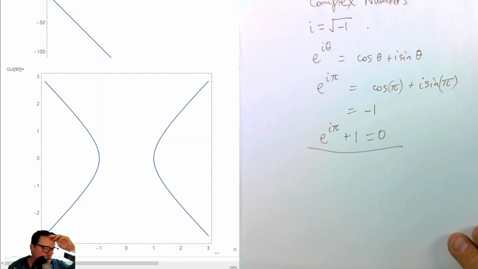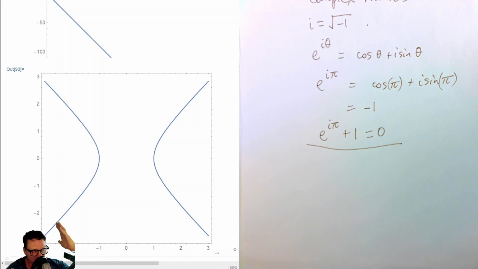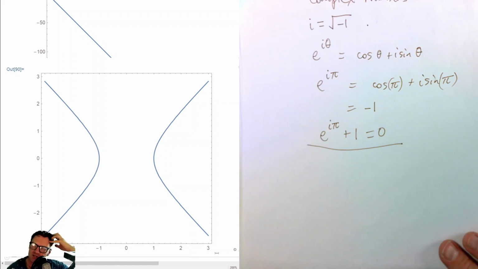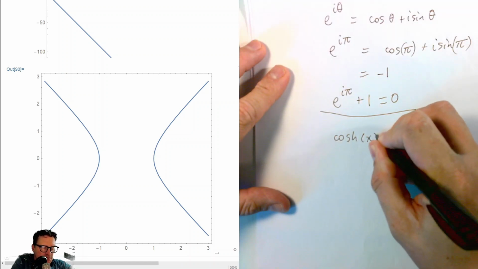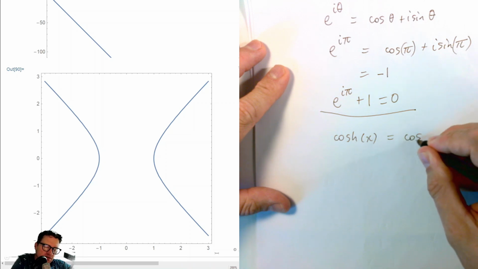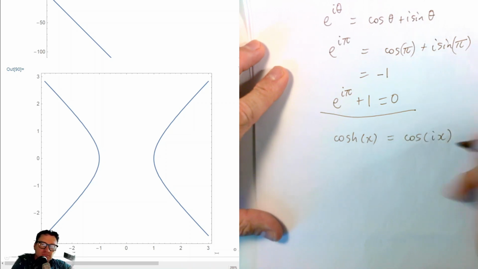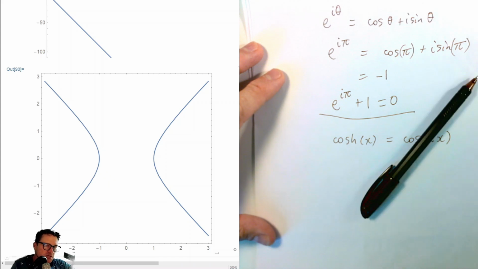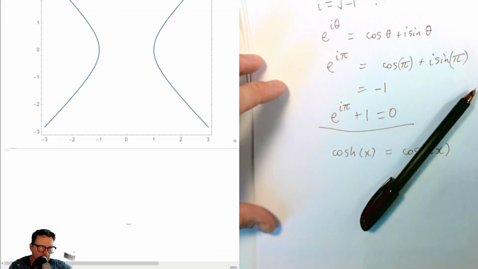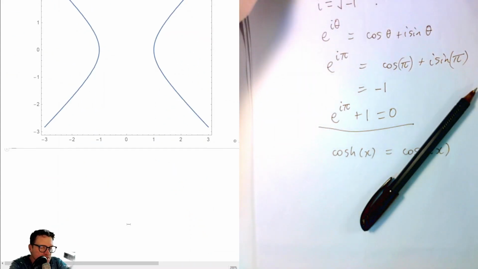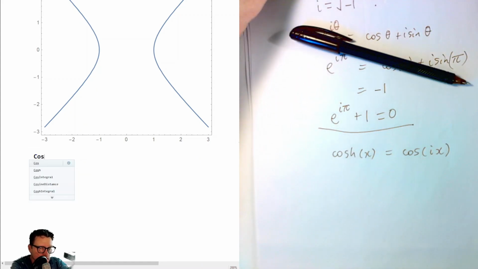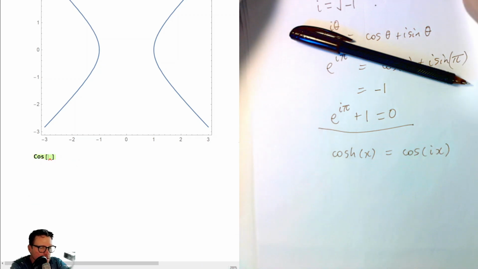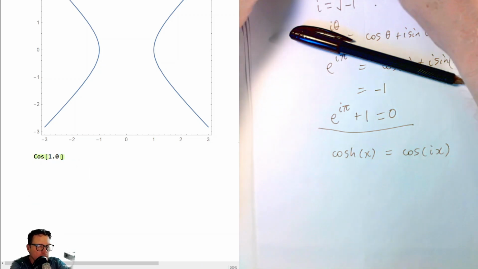All right. So now that we've had a really brief talk about complex numbers, what's the relationship between cos and cosh? Well, cosh of x is equal to cos of ix. And just to make sure I've got that right from memory, because it is from memory, let's just try cos of 1.0 i.